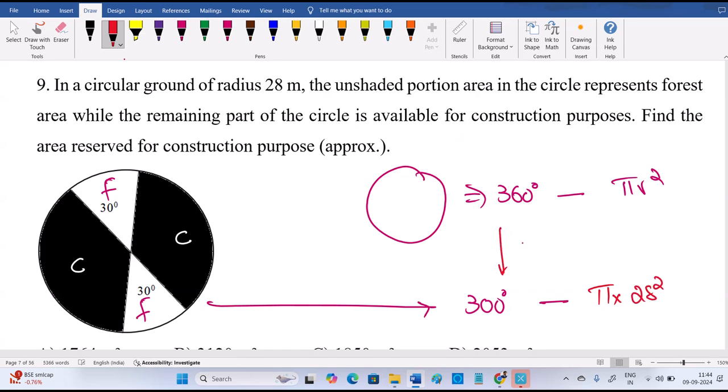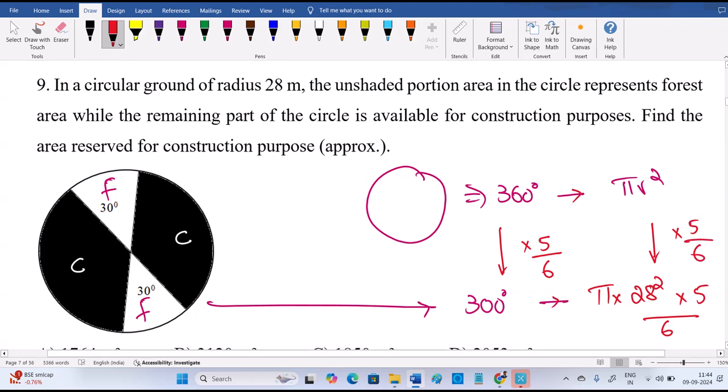From 360 to 300, if you divide by 6 and multiply by 5, 60 into 5 is 300. So for pi r square at 360 degrees, if it is 300 degrees, divide by 6 and multiply by 5. So we got this expression.